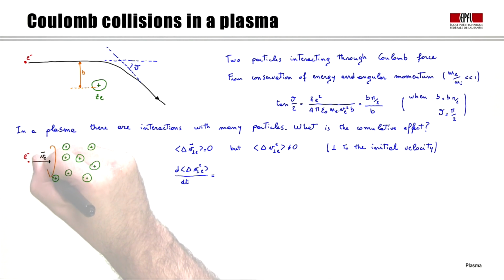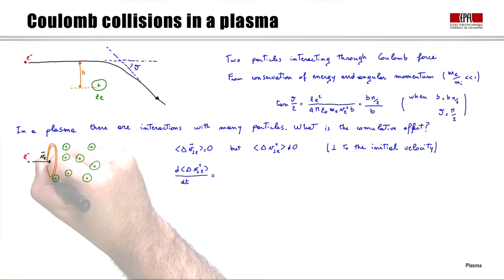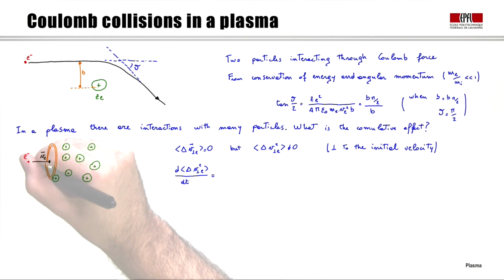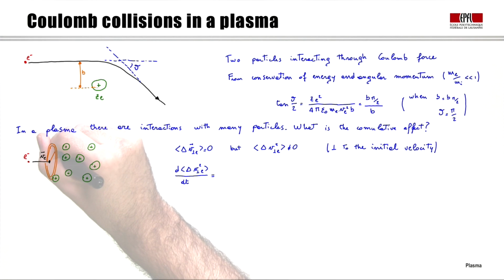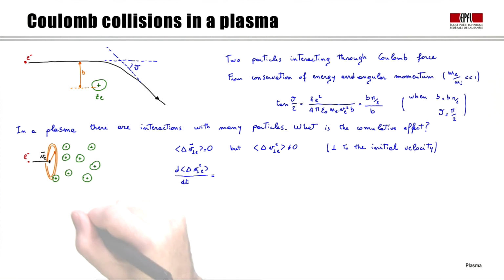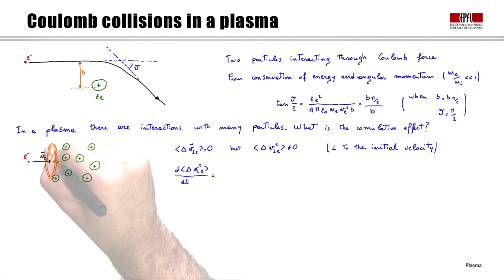More precisely, what we will count are the particles that are in the differential cross-section that goes from b to b plus db.